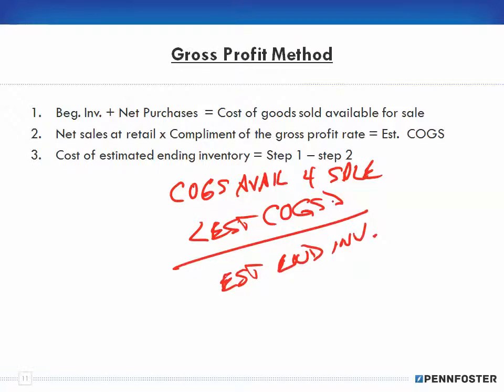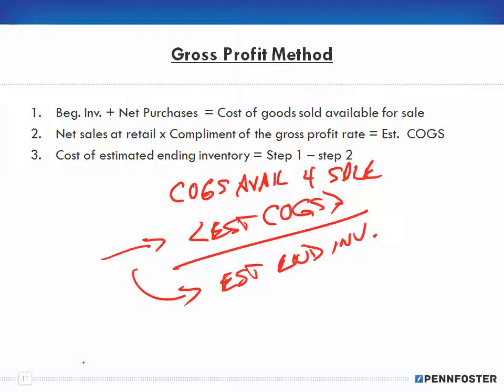It looks very similar to what you did in the retail method, except you weren't creating a ratio. Here you're not creating the cost ratio, but looking at it from the perspective of an estimated cost of goods sold, to arrive at your estimated ending inventory.